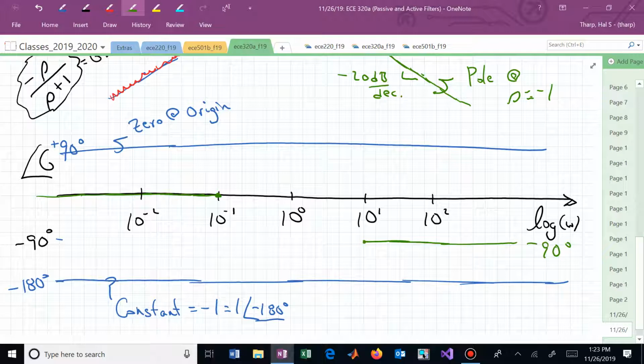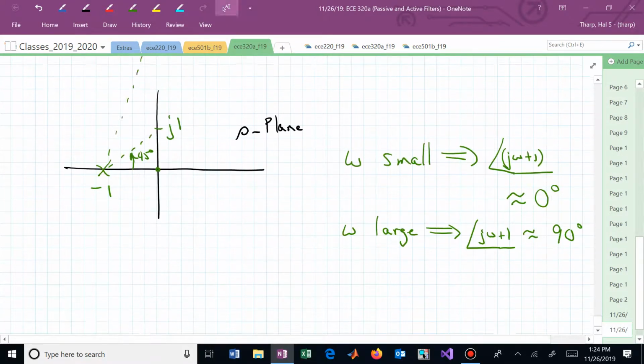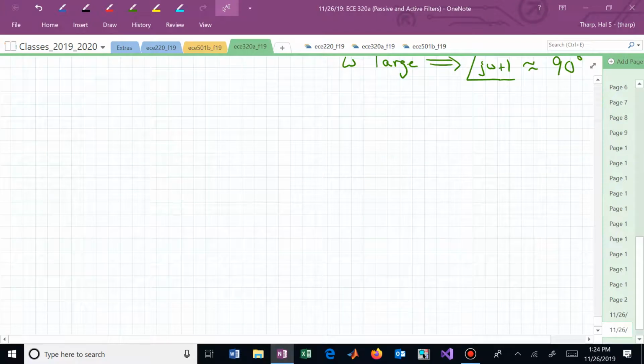So why is it -90 and not +90? But let me first draw this. And now this, what's this slope? It's now -45 degrees per decade, and it's going through -45 there. Now the question was, why is it -90?